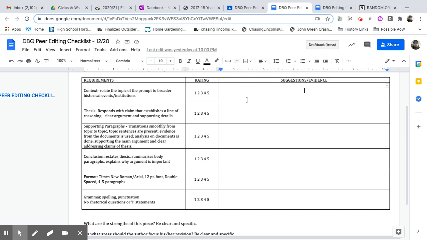You should come away from the context portion knowing what the paper is generally about, knowing about the subject, and not being confused as to why they're about to start making their argument. If the person is just jumping right into their argument or doesn't lay out a clear picture of why they're about to argue this point, they should have a lower context score. If not, it should be higher.